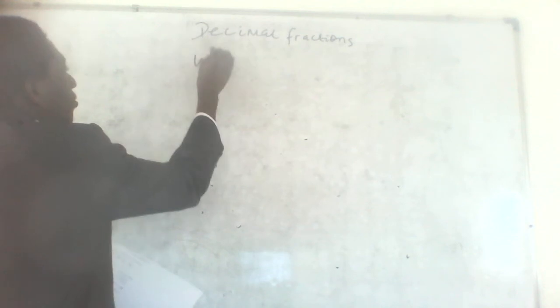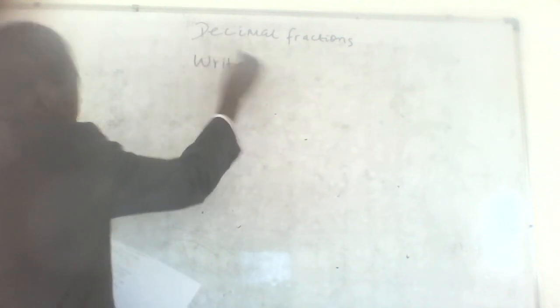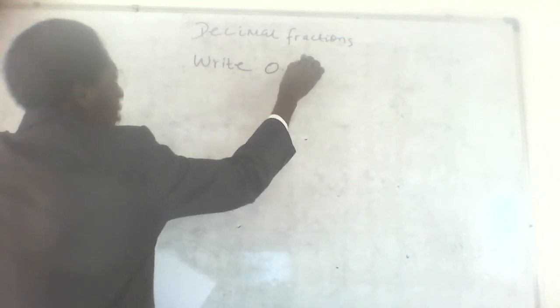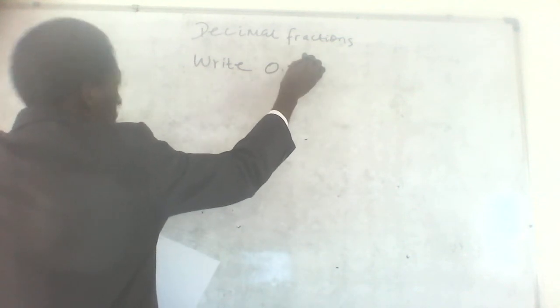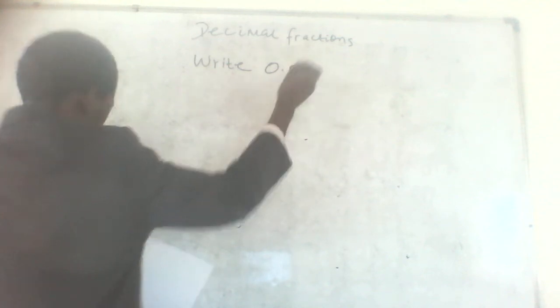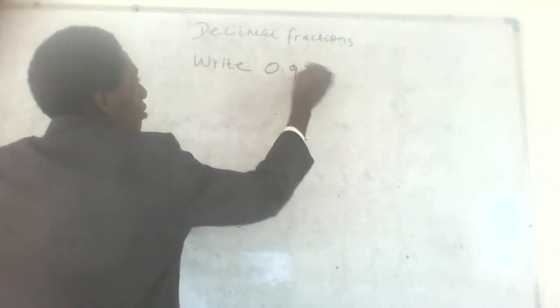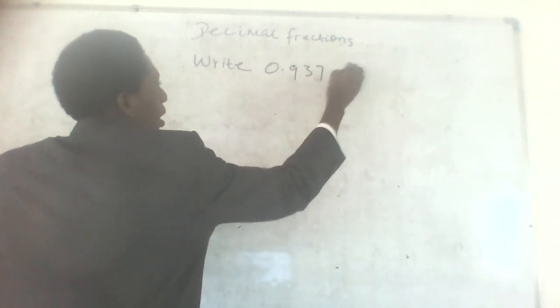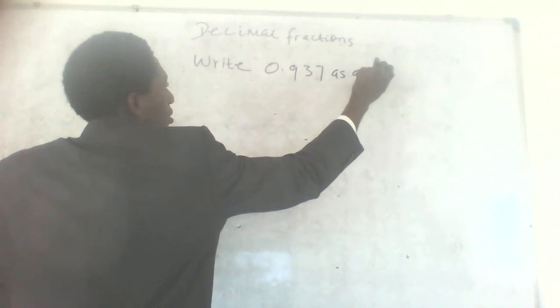Watch. So the first one that we have here, they say write 0.937 as a fraction.